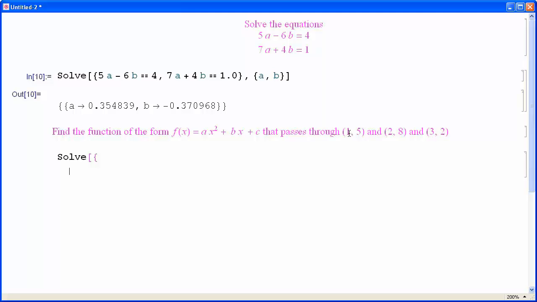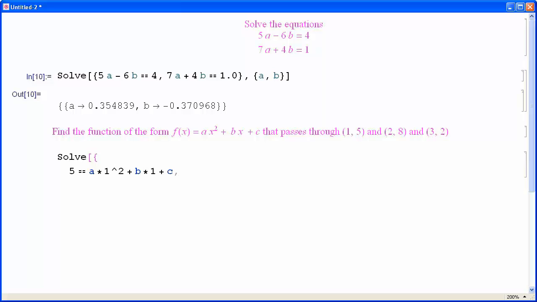The first point here, 1, 5, means that when x is 1, the y value has to be 5. So 5 has to be balanced with this function with 1 substituted for x. So that would produce a times 1 squared plus b times 1 plus c.